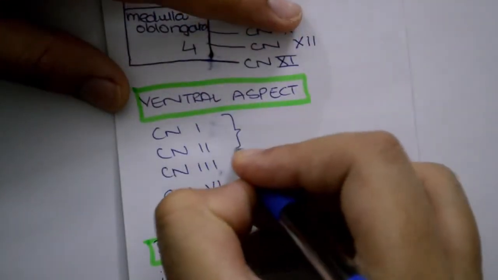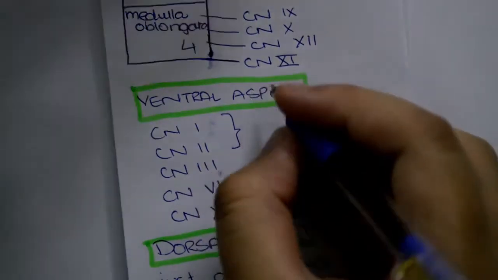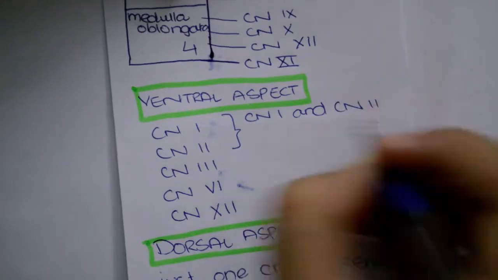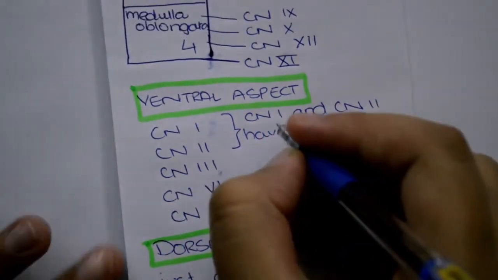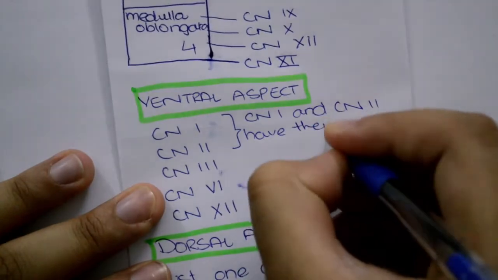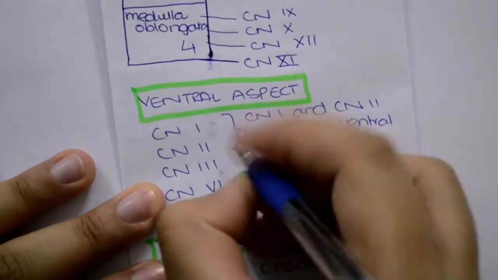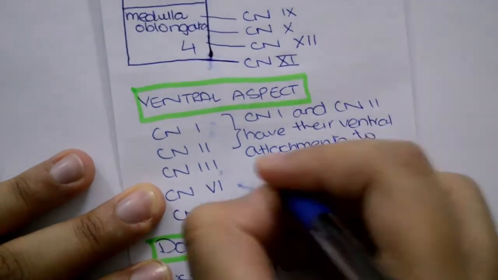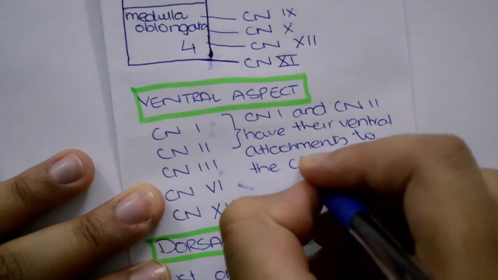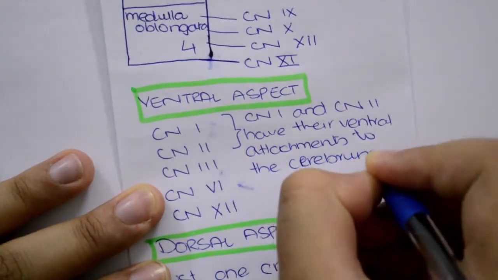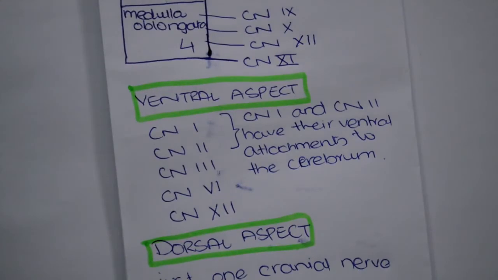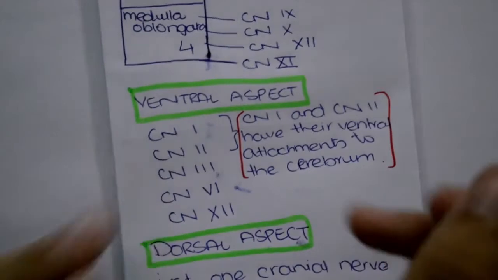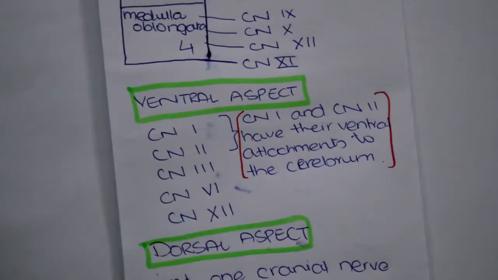These two nerves, the first and the second, we should know that cranial nerves 1 and 2 have their ventral attachments to the cerebrum. So write it down in your notes as well, so you remember this. This is important.